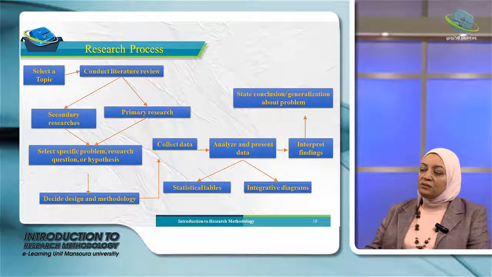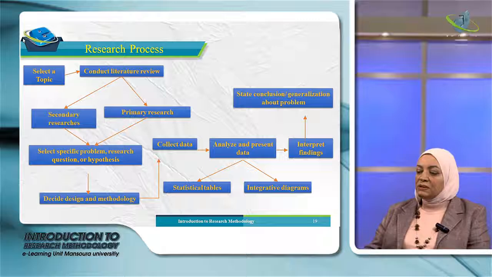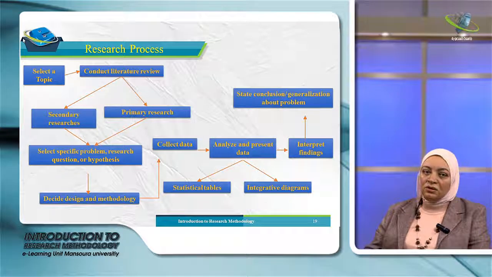The final step is the research process. We start with this sequence. Select a topic, then conduct a literature review. I can't start with the literature review, so I should select the topic first, then conduct the literature review through the secondary and primary research we discussed, select a specific problem, research questions or hypotheses, then decide design and methodology, and collect data by interviewing, questionnaire, laboratory investigation, physical examination, or focus group.